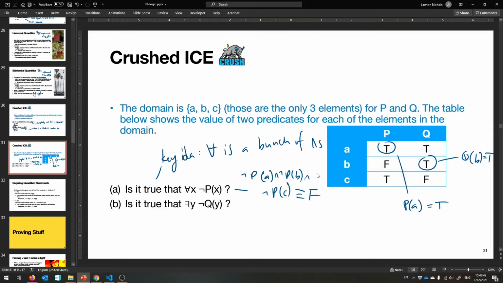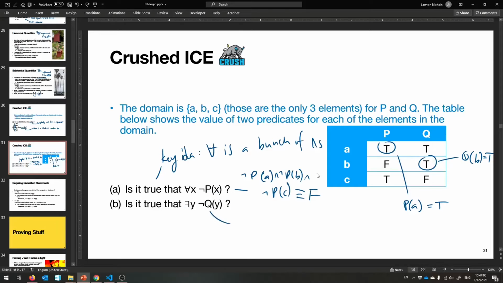Let's see. Okay, let's try B now. Is it true that there exists a y such that not q of y is true? And again, exists just means there's at least one element in the domain of q, which is a, b, and c, such that this statement is true for that element.